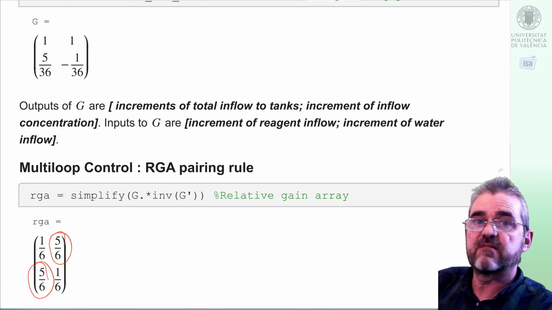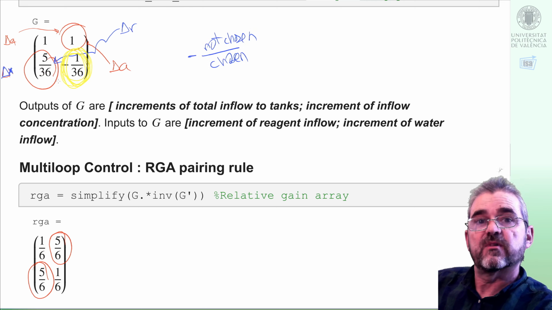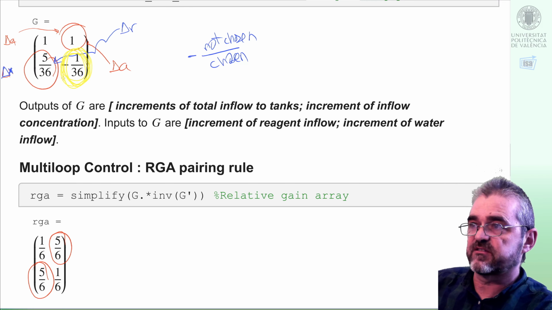But well, the thing is that inverse decoupling, if we wish to decouple the effect of the level flow on the concentration loop, then the decoupler is minus not chosen divided by chosen element of a given row of the transfer function.